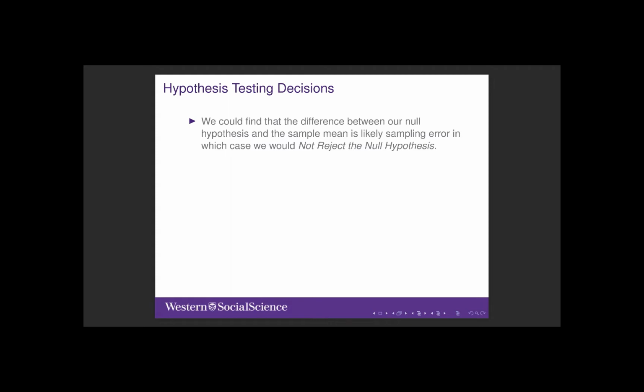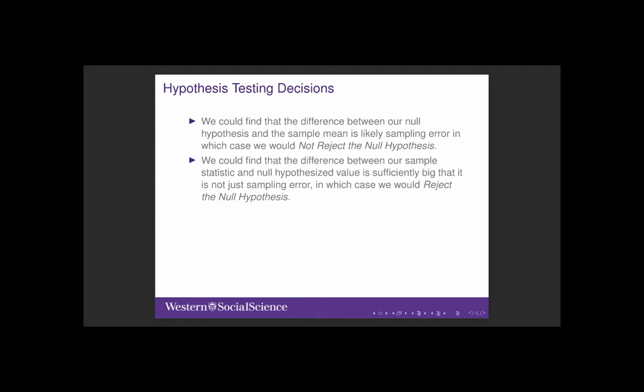In that case, we would not reject the null hypothesis. The other possibility is that we could reject the null hypothesis, indicating that the current evidence is sufficient to rule out randomness as a cause of the difference between the null hypothesized value and our sample statistic.